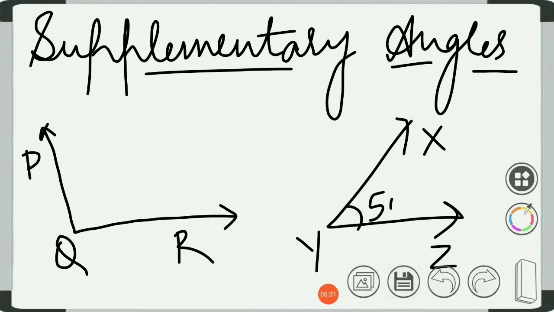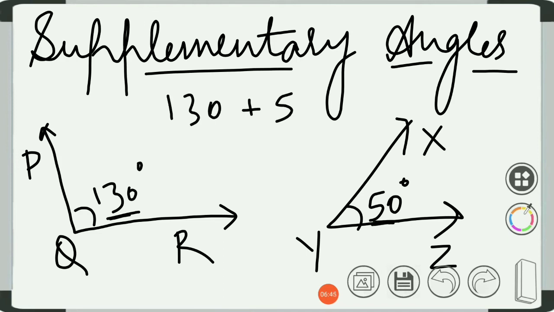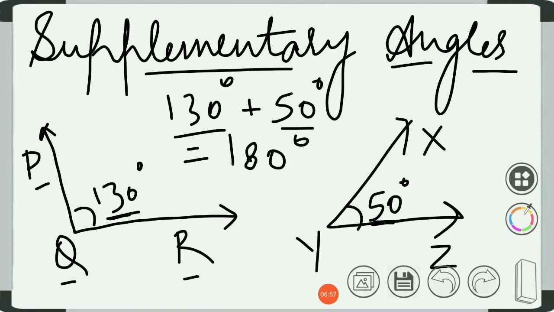This angle measures 50 degree and this angle measures 130 degree. When I add 130 plus 50 degree, it becomes 180, so both the angles are supplementary angles. Thank you.